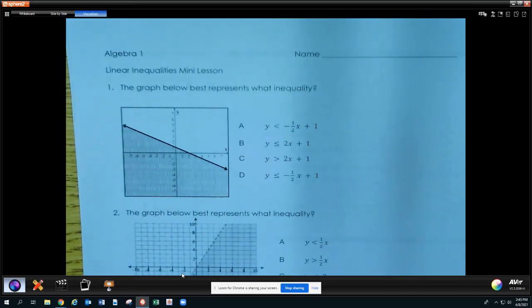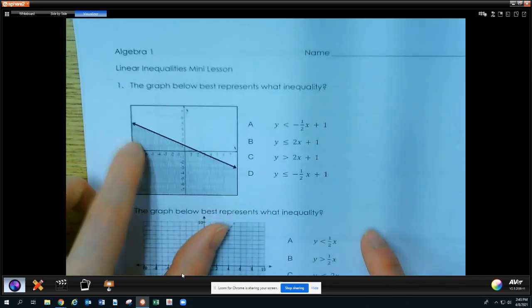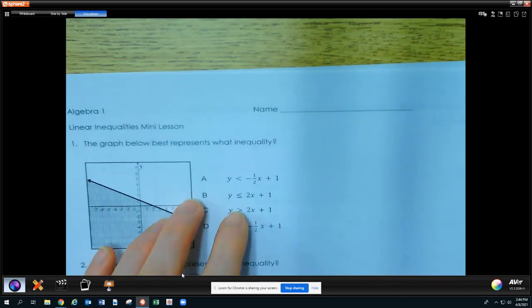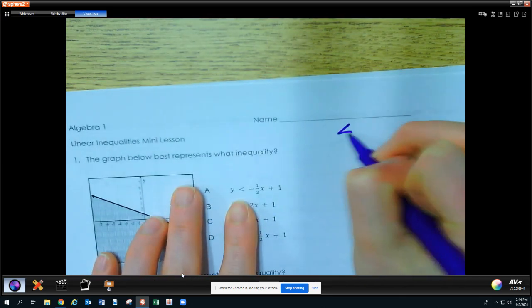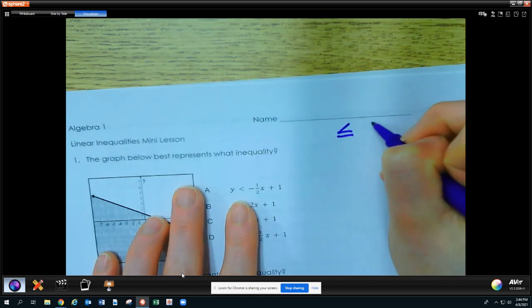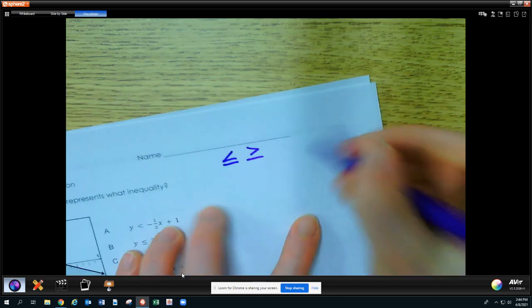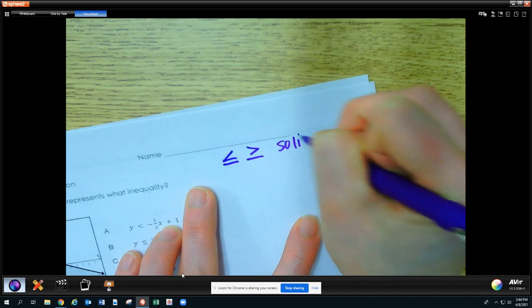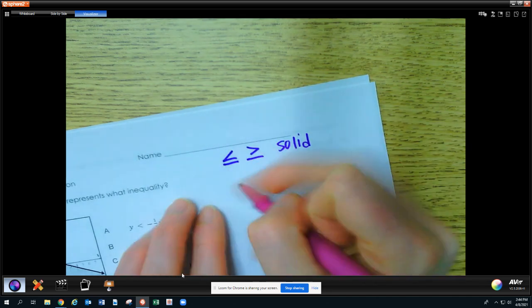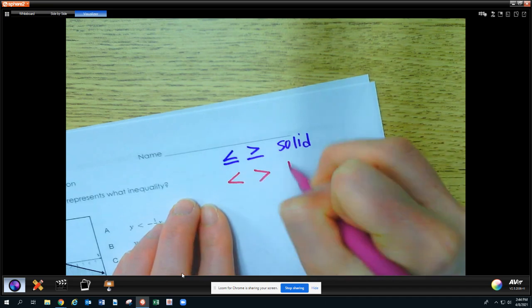Okay, in this mini lesson, we are reviewing two variable linear inequalities and also systems of linear inequalities. And so, quick reminder that if you have a line underneath your inequality, it's a solid line. If you do not have the line, it's dotted.